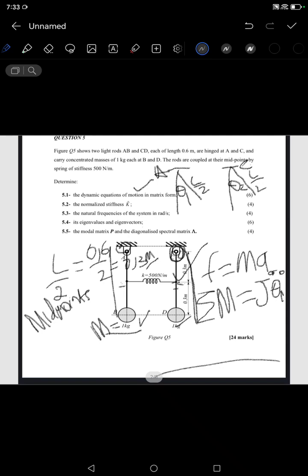And then the second question, they say determine the normalized stiffness. So to determine the normalized stiffness, we have the formula. The formula for normalized stiffness, it's K. Let me just erase this part here.